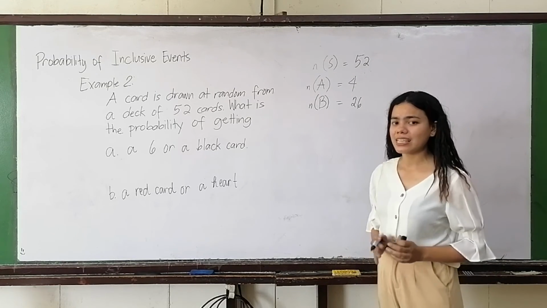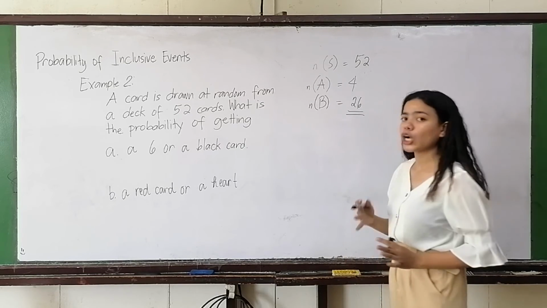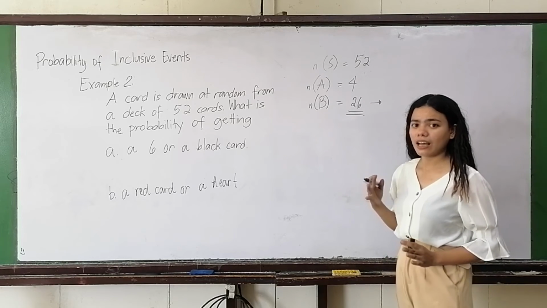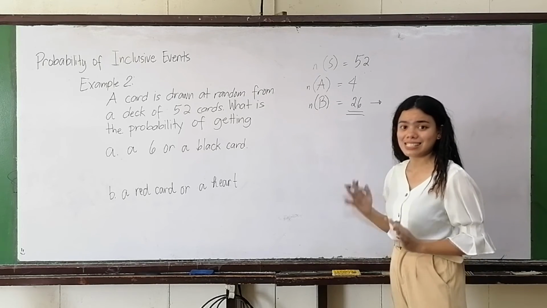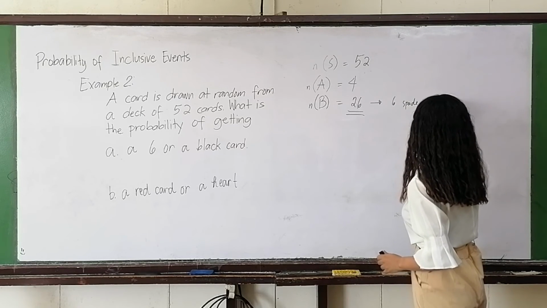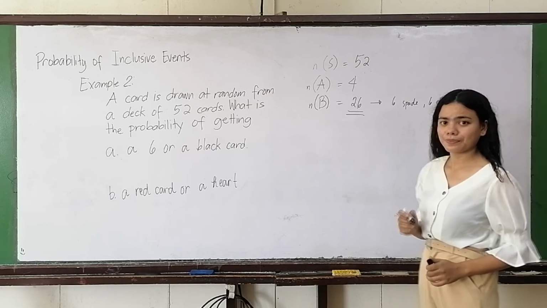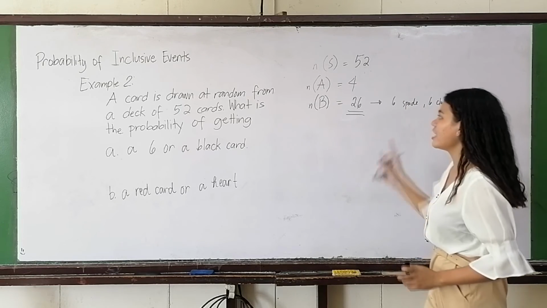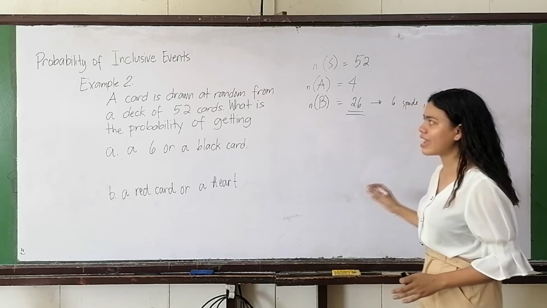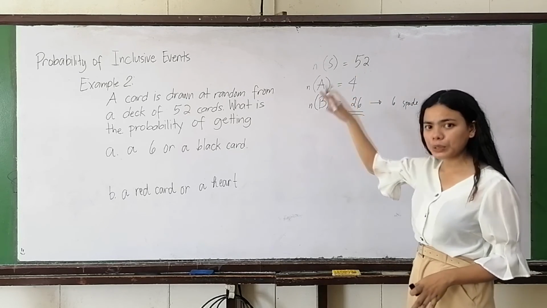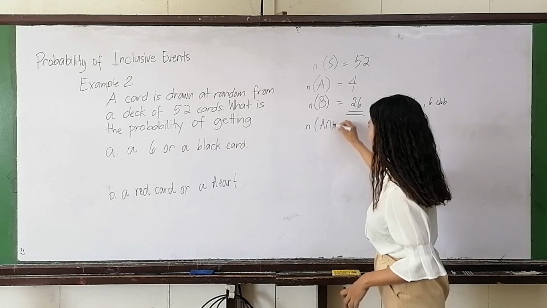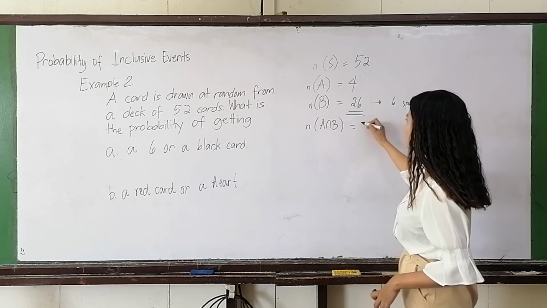Now remember that in these 26 black cards, there are two cards that are numbered 6. We have the 6 of spades and the 6 of clubs. Hence, this is the intersection of the two events. Therefore, we can say that these events are inclusive events. So, N of A intersection B is equal to 2.